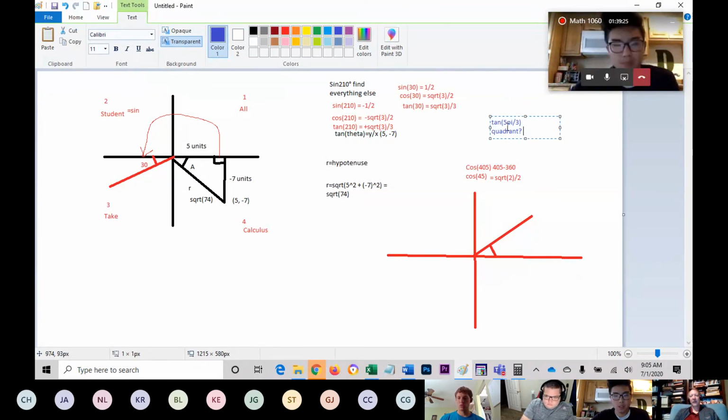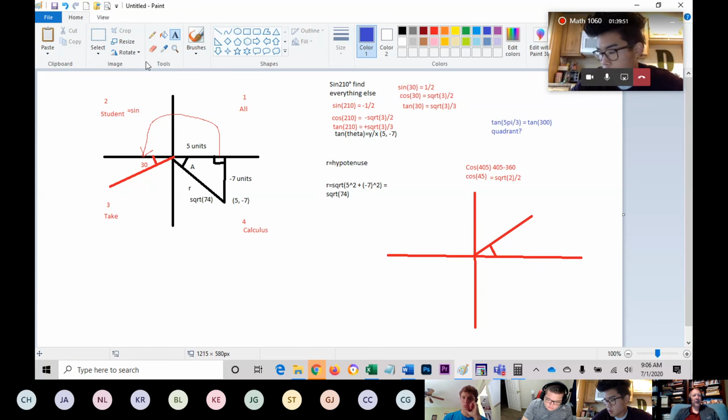Okay, so essentially this is 5 times 60, right? So 5 pi thirds would be equivalent to what in degrees? 300 degrees. Tangent of 300 degrees. Okay, so which quadrant is 300 degrees in? Fourth. It's in quadrant 4.